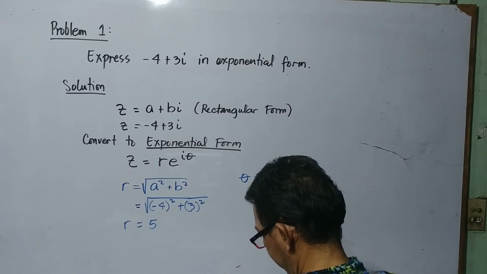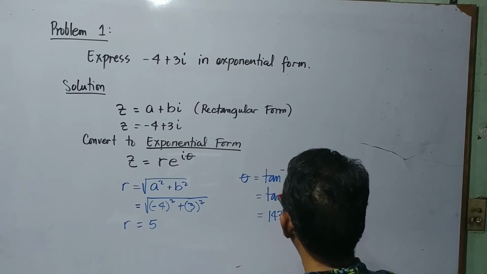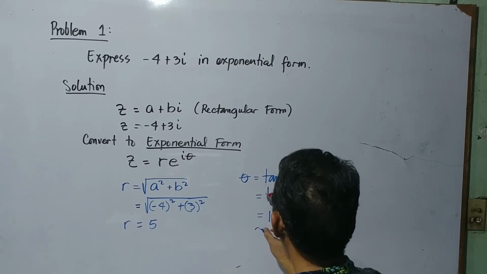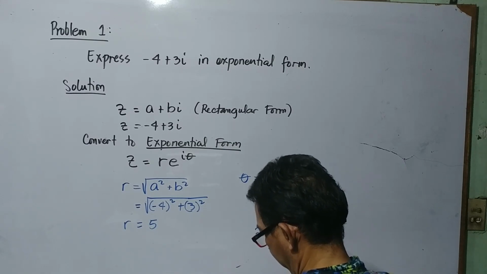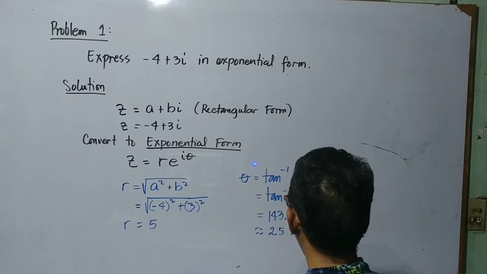Or we have 143.13 degrees. Or in radian, we have 2.5 radian.